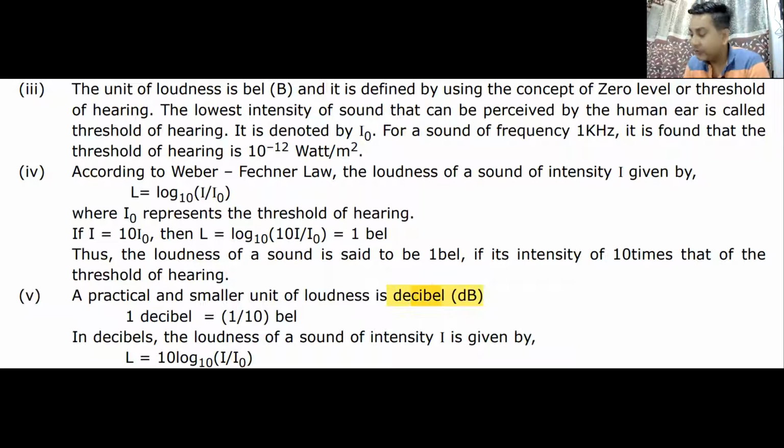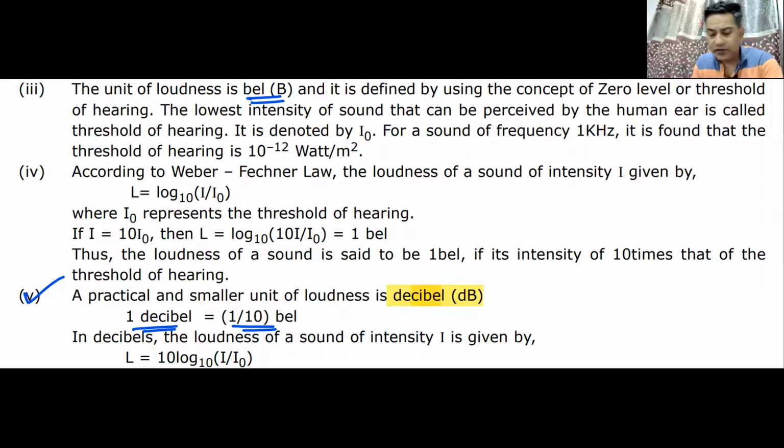This is the commonly used unit, but the SI unit is actually bel, and this decibel is actually 1 by 10th of a bel. Do we understand this? Yes or no? The decibel is the unit that we normally use for sound.